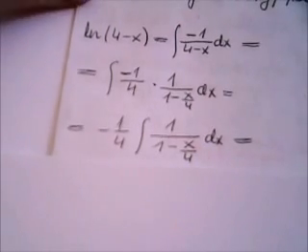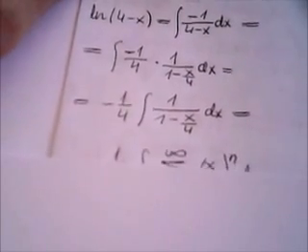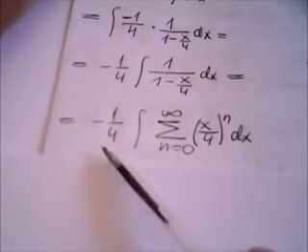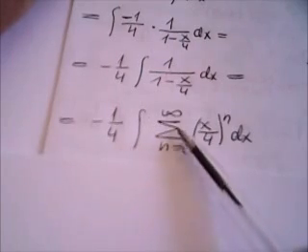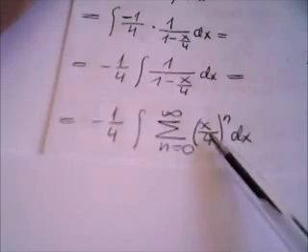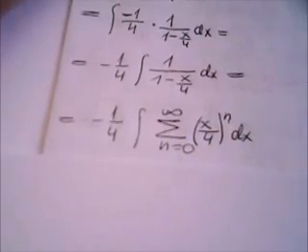Now we replace t with x over 4, and we have minus 1 over 4 integral the summation from n equals 0 to infinity of x over 4 bracket to the power n dx.